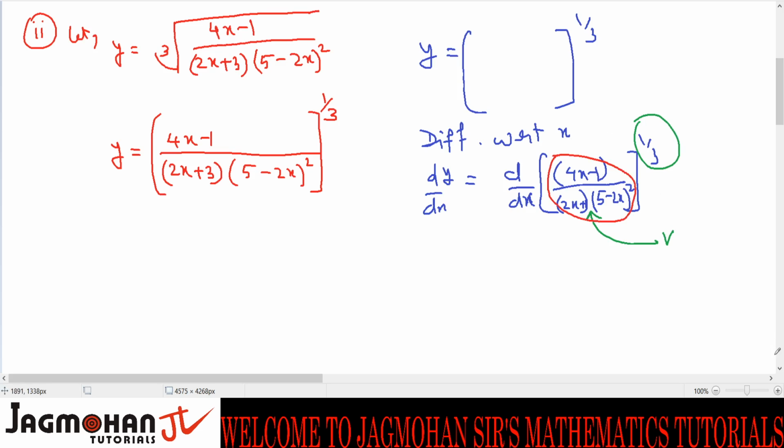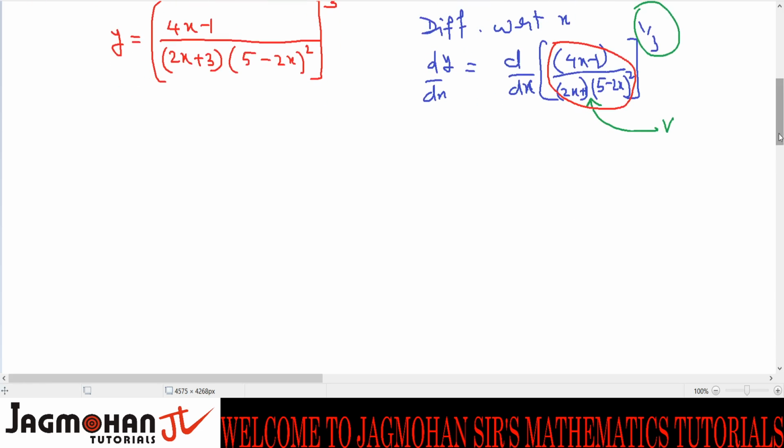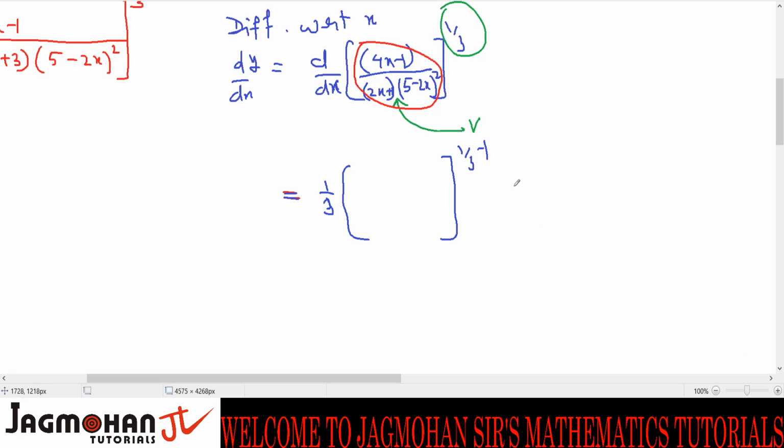So you understand, if it is f of x raised to 1 by 3, its derivative will be 1 by 3 f of x raised to 1 by 3 minus 1, into d by dx of f of x, which is this. I hope you understand.